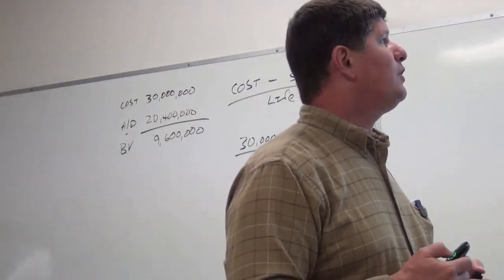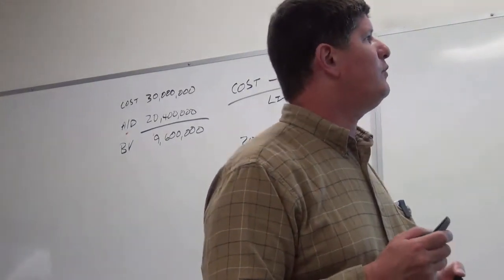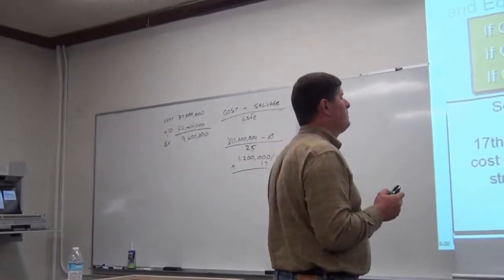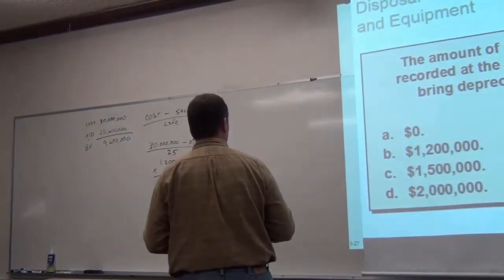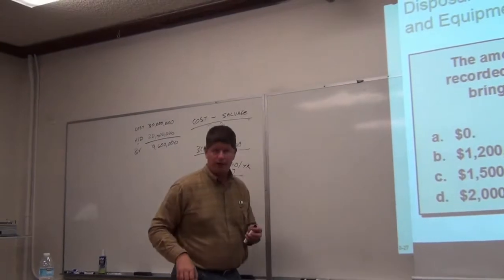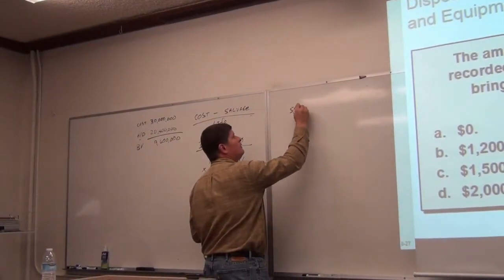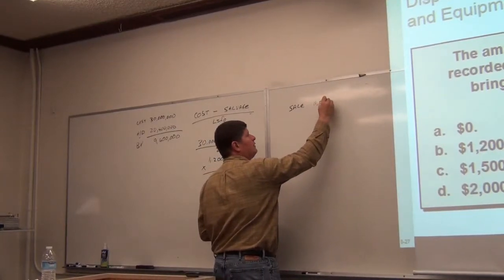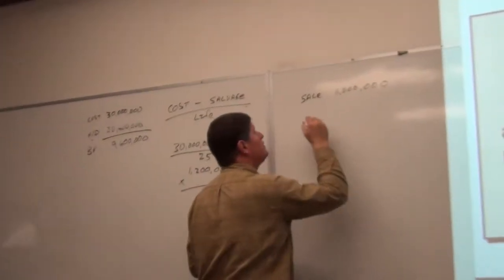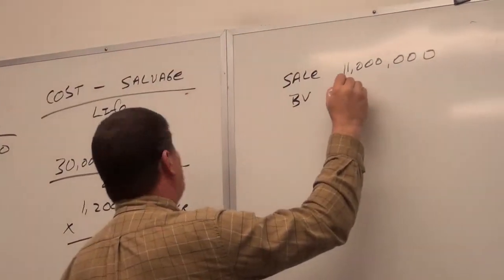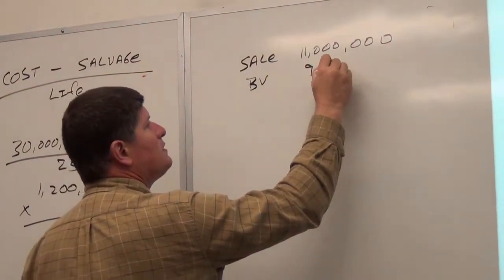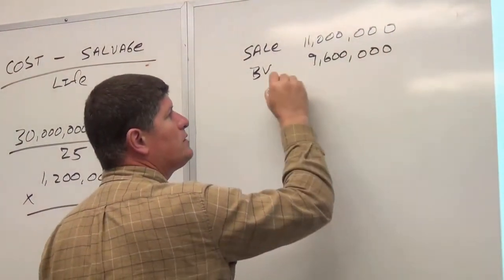Good? The equipment sale. What did we sell the equipment for? I've forgotten. We sold it for 11, okay? Let's calculate this real quick. Sale, $11 million, book value of $9,600,000.